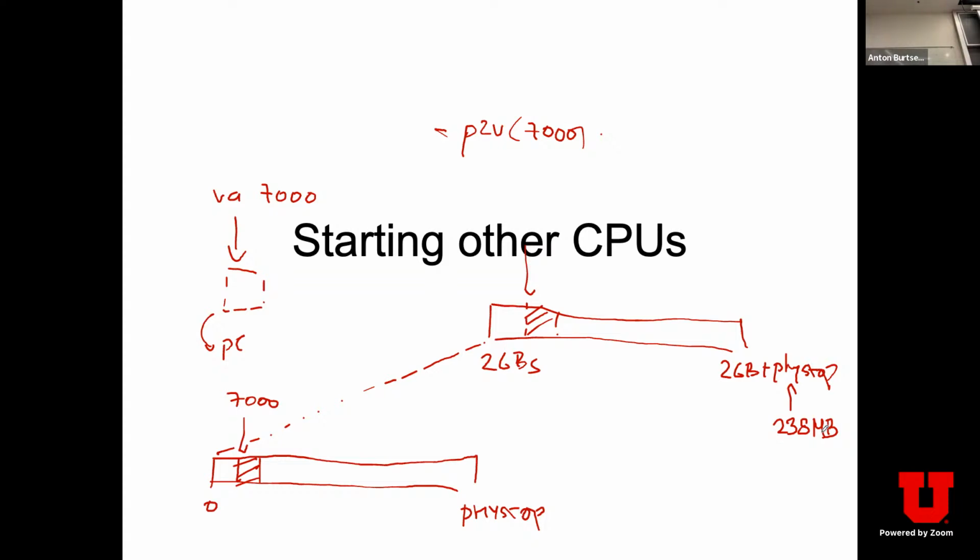Question. How much overhead would it be to just switch off paging? Hold on. First of all, you probably can switch off paging, but it's not trivial, because your instruction pointer sits somewhere here, and you first have to jump to some lower addresses.